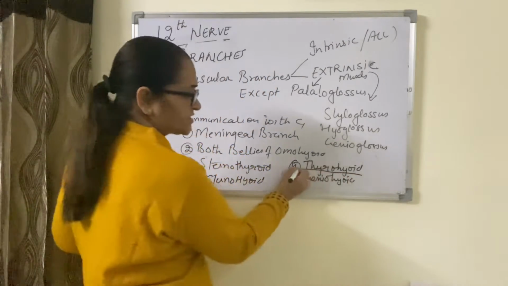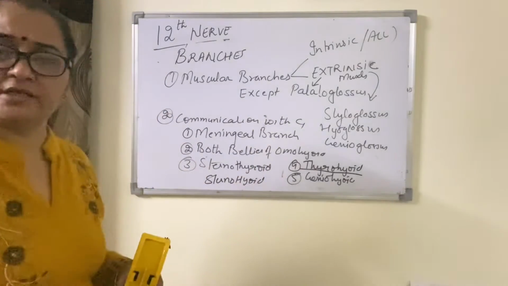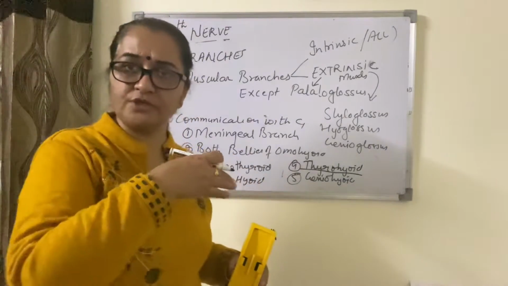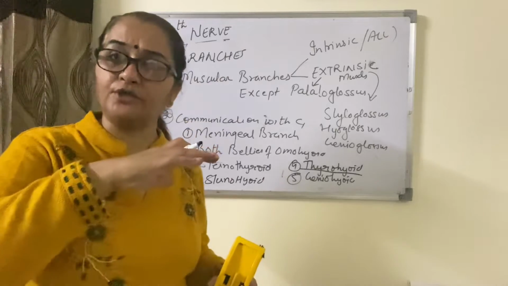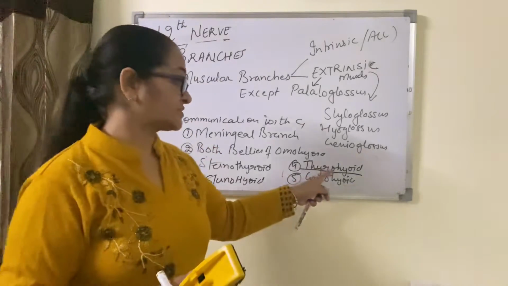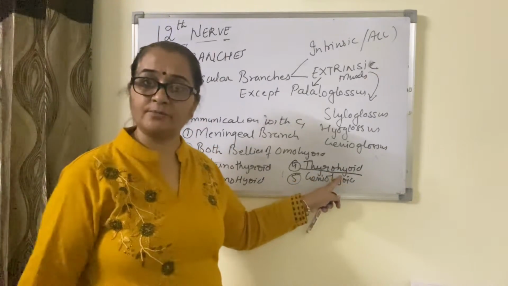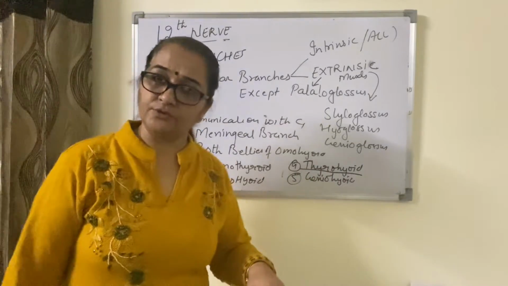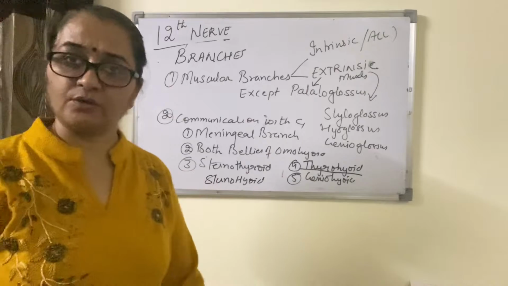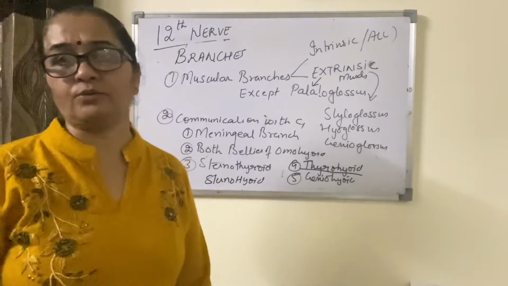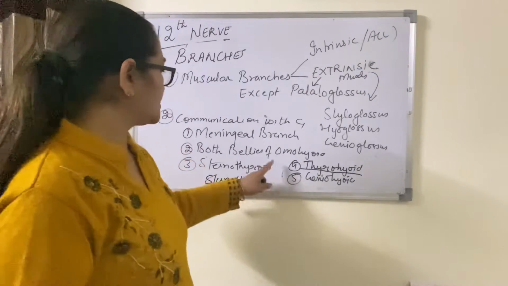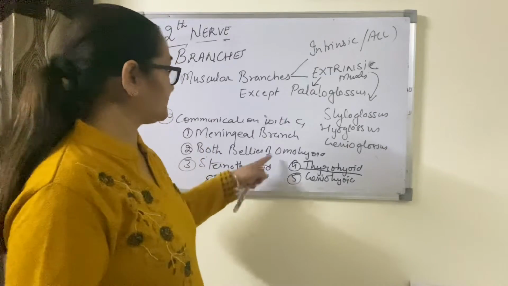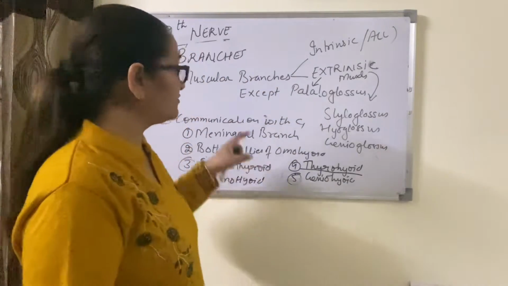The thyrohyoid branch is given once the nerve passes through the posterior belly of digastric, then winds around the lingual artery to enter the digastric triangle. At that level, the thyrohyoid branch is given. And the geniohyoid branch is given once it is running in relation to the hyoglossus muscle. So these are the branches given by the hypoglossal nerve.